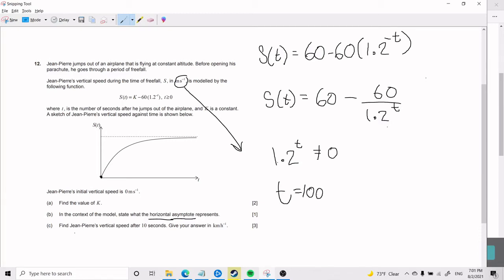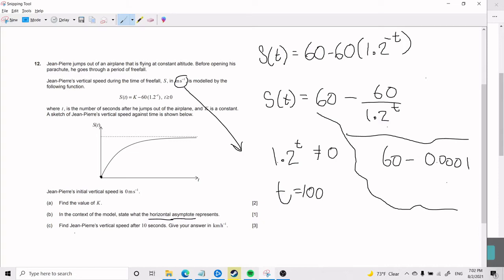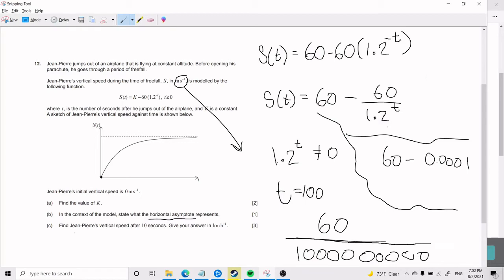If you put a really big value of t, like 100, you're going to end up with 60 minus a really, really small number. The reason for this is that you're going to essentially have 60 over, and I'm going to make this up, but it's going to make a lot of sense, over whatever, like 100,000, million, billion, trillion. And so you can see that this number is really, really small.